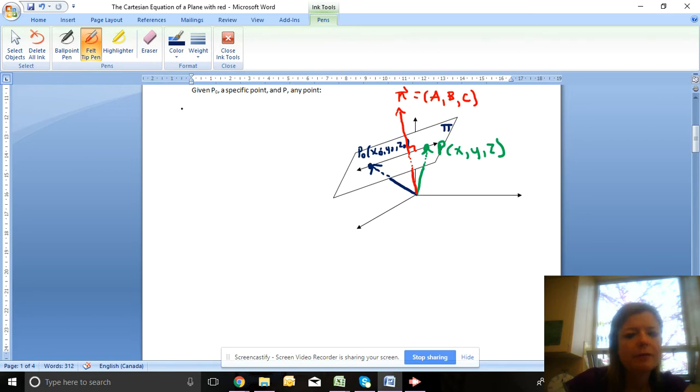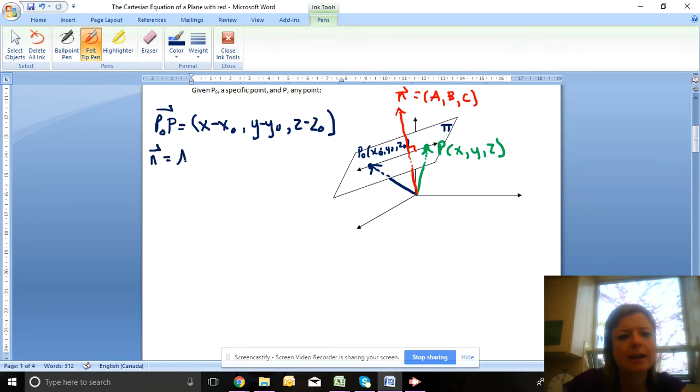From P0 to P, I can create the vector P0P by doing x minus x0, y minus y0, and z minus z0. The normal is (A, B, C).